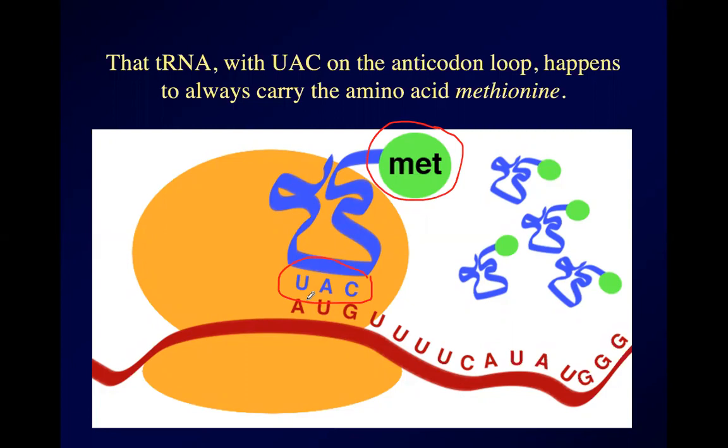So the transfer RNA and the ribosome essentially read AUG right there. That's the codon. And they make AUG stand for methionine. So the transfer RNAs come in, and the only one that fits is the one that's carrying the amino acid methionine. That's our first amino acid.